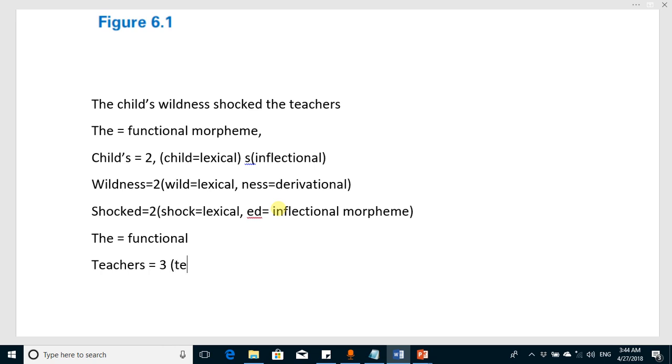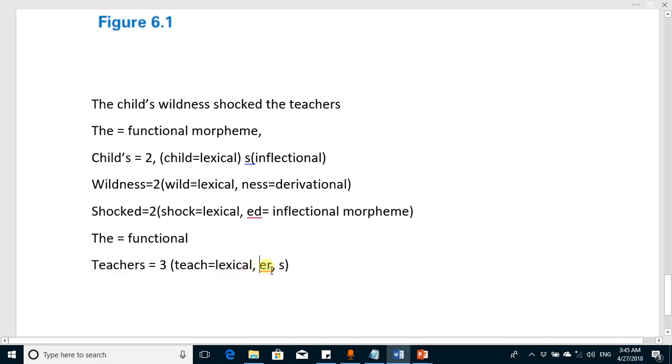Which are teach, er, and s. Now here you can see teach is the lexical morpheme, as it is obvious, it's a verb. In teacher, the addition of er is actually changing the grammatical type. Teach is a verb and teacher is a noun.